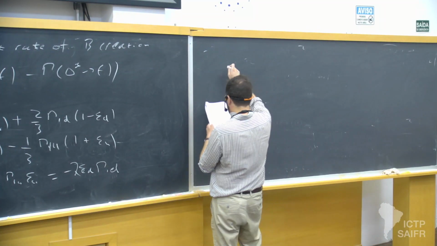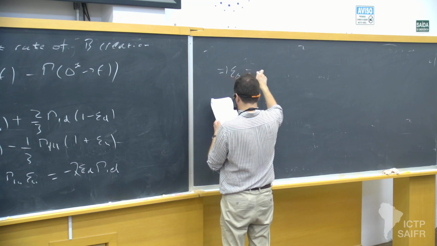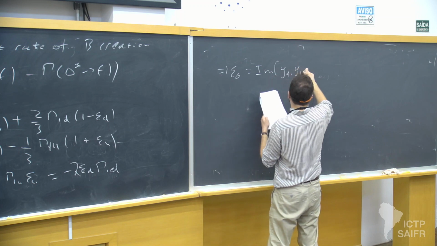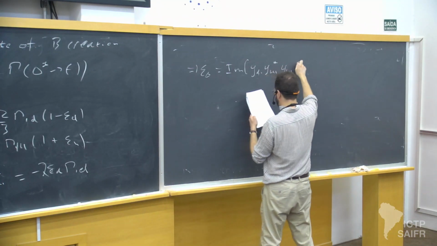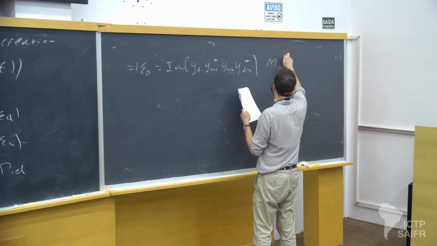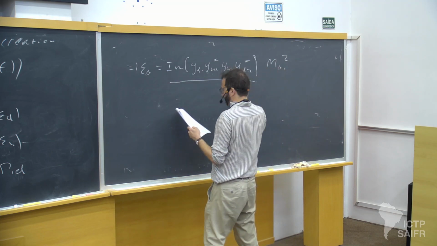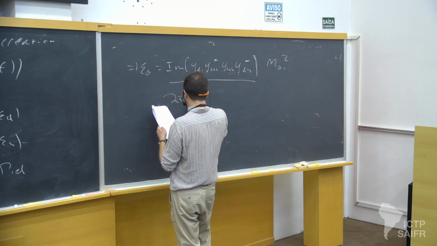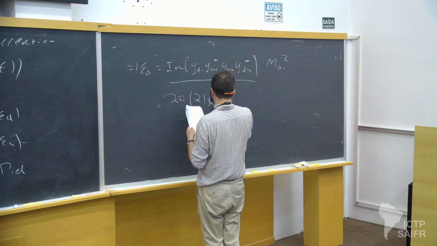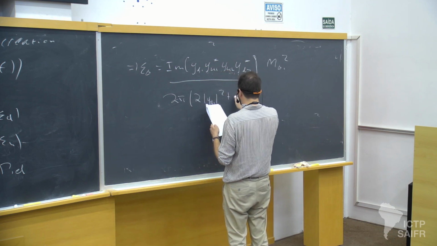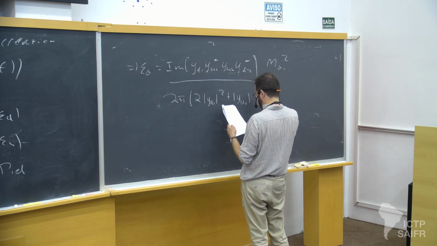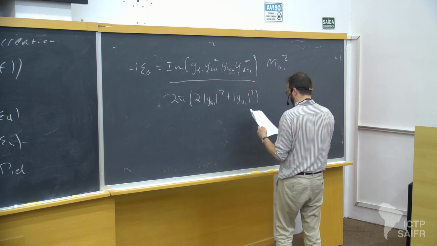And then we'll find that epsilon delta in this case will just be imaginary part yd1, yu1 star yu2, yd2 star m delta 1 squared over 2 pi. So in the denominator we put the total width, so we get some factors like this. And remember the tree level decays had factors of 1 on 16 pi in them. And this one had a factor of 2 for the color.